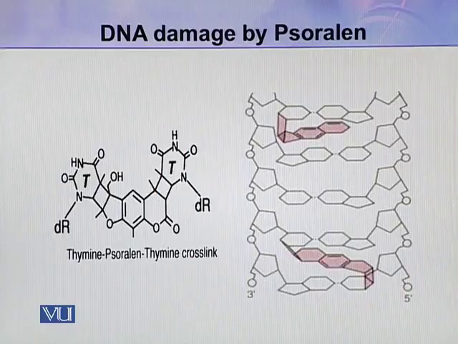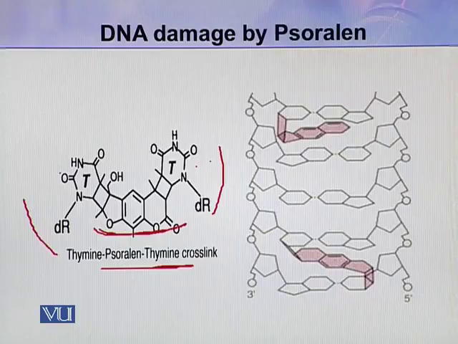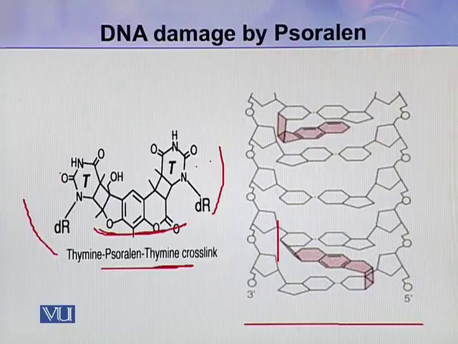So this is one thymine molecule, this is another thymine molecule, and in between is this psoralen. So it forms a cross-link between two thymines. Here in the DNA molecule, it has formed the first link, which is the formation by the furan ring, and here it has formed the second link.